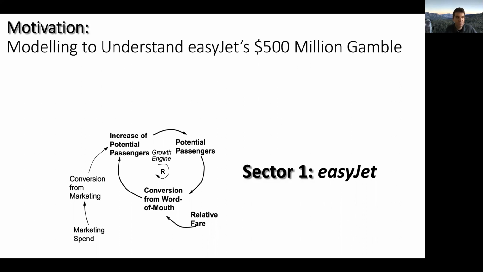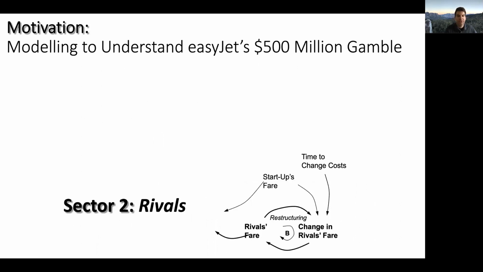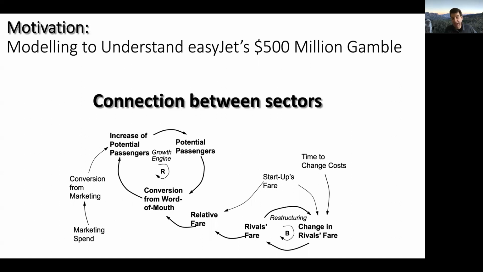Then they created additional sectors. There's a rivals sector on the side, where they asked, how do we model the rivals independently of easyJet, just loosely connected by the fares that easyJet has and the fares that the rivals have. Then there's a connection between those two sectors, sectors 1 and 2.